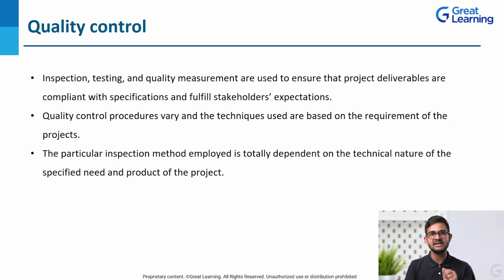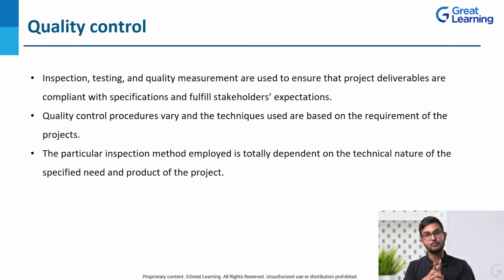We establish the standards in the project quality plan, and then in quality assurance we make sure that we are following those plans or not. But in quality control, we have to make sure, are we meeting those plans or not? If we are meeting, to what extent? That is something which is done in quality control, because that's how the quality will be controlled for the next phase. That is the main thing.